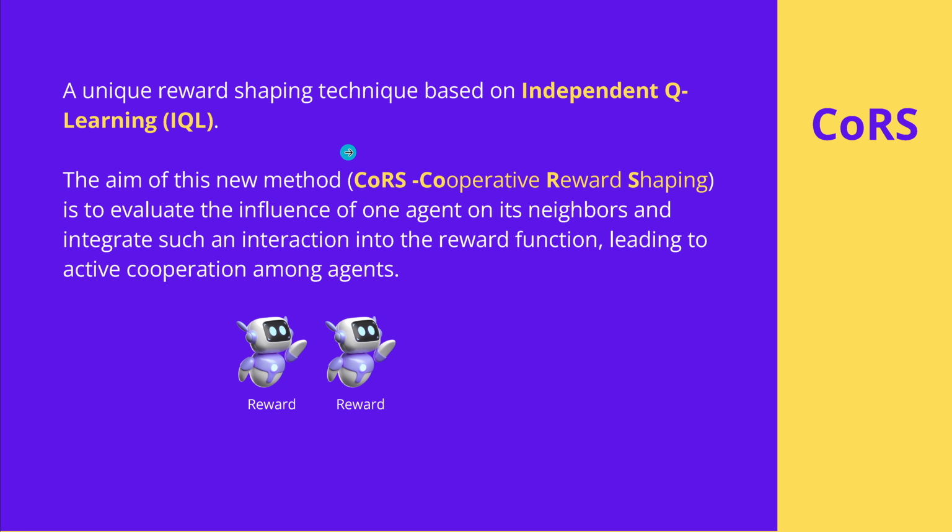The aim of this new method, which the authors call cooperative reward shaping, is to evaluate the influence of one agent on all its specifically defined neighbors and integrate such an interaction into the reward function, leading to an active cooperation amongst those agents in our epsilon environment, where we understand that we have agents that should work together, or they have a common energy resource or a common energy buffer.